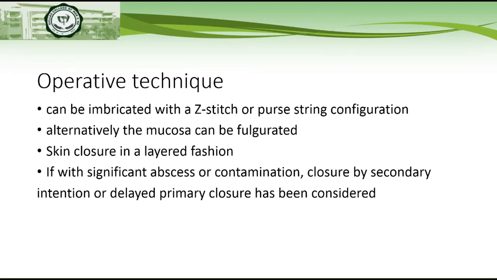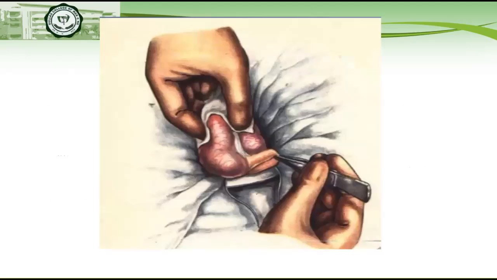For the operative technique, the stump can be imbricated as a Z-stitch or purse string configuration. Alternatively, the stump mucosa can be fulgurated or cauterized, with skin closure in a layered fashion. And if there is significant abscess or contamination, sometimes closure by secondary intention or delayed primary closure is considered.